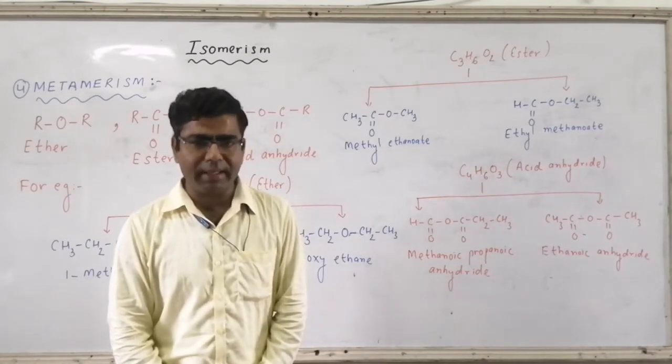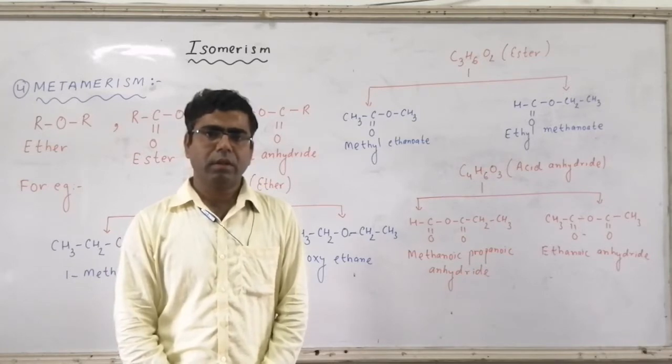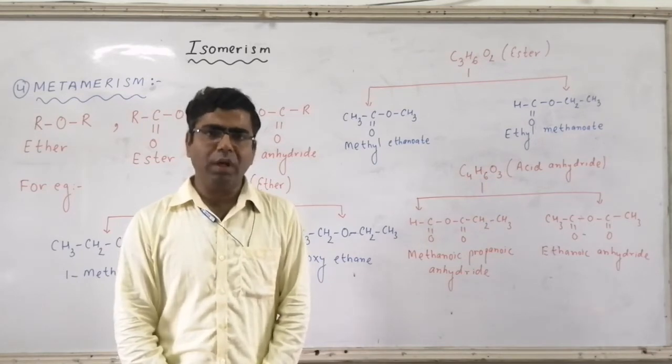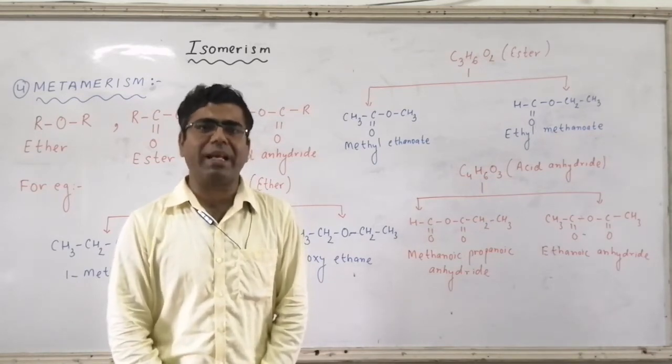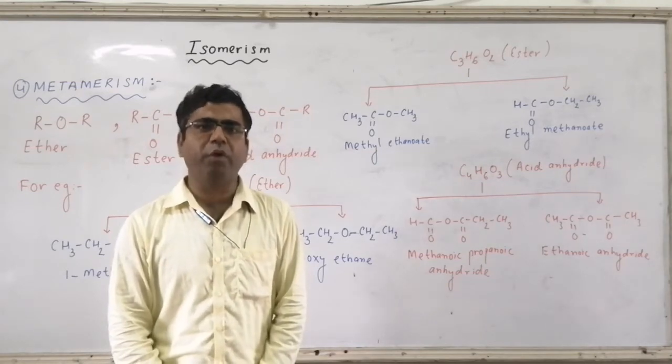So here metamerism can be defined as the isomerism which arises due to unequal distribution of alkyl group on both sides of the functional group.